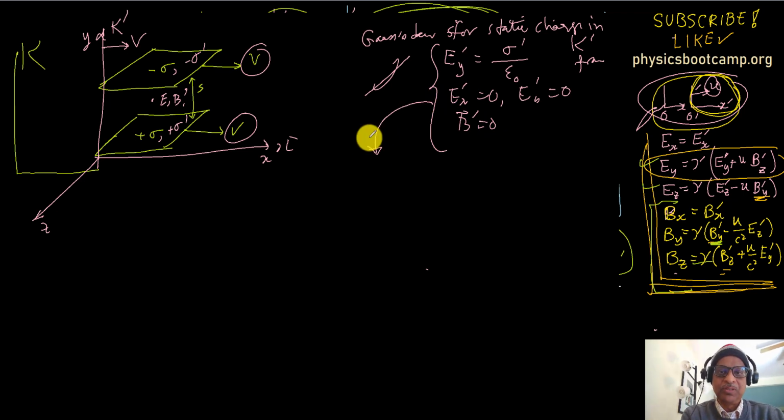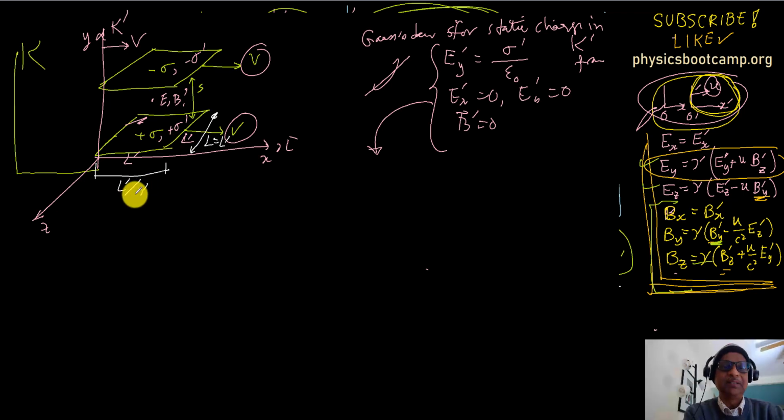Now when you transform it, you're going to get a shrinking along this axis. So say you have an L here and an L here in the K prime frame, L prime and L prime. In the K frame, you still have L equal to L prime on this side, but the other side will shrink to L prime over gamma.